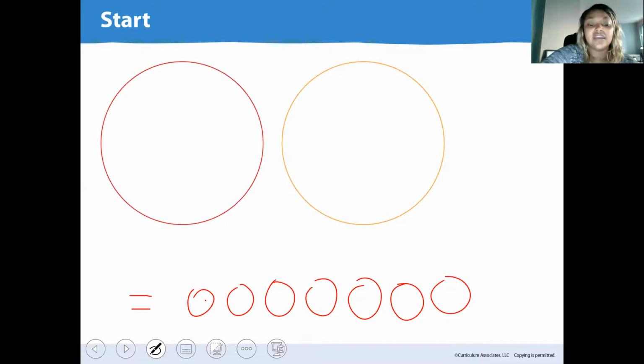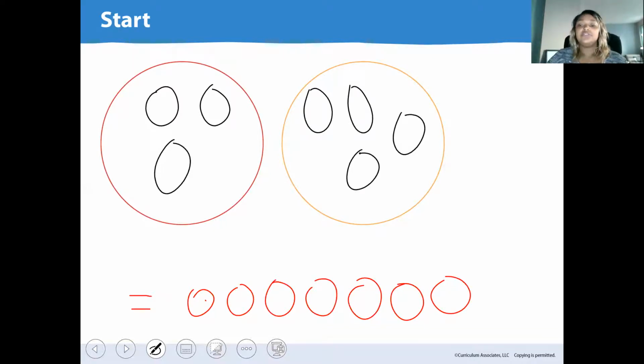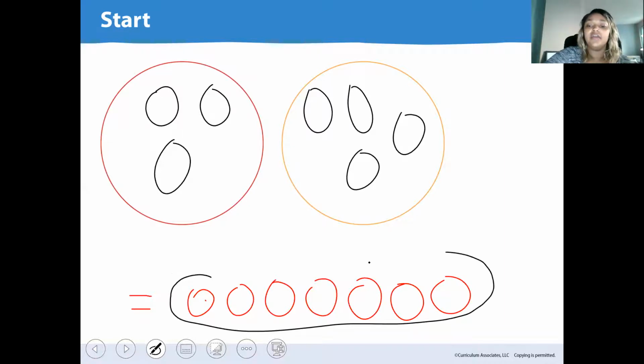So let's say, we want to put 1, 2, 3 here. Okay, so then we add on 1, 2, 3, 4, 5, 6, 7. So now we've taken these down here and we split them up.